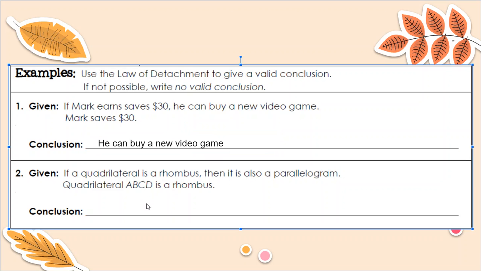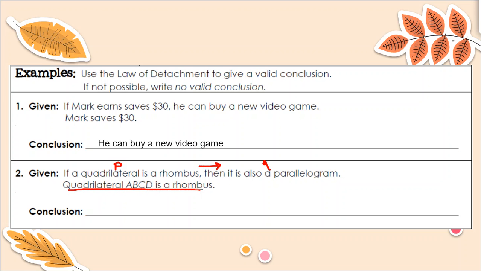Okay, so let's take a look at the second one. If a quadrilateral is a rhombus, so if P, then Q, then it's also a parallelogram. It says that quadrilateral ABCD is a rhombus. So we've been given a specific P, so the conclusion we can draw is specific.